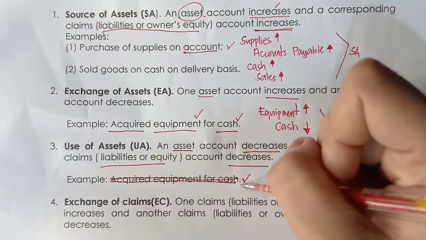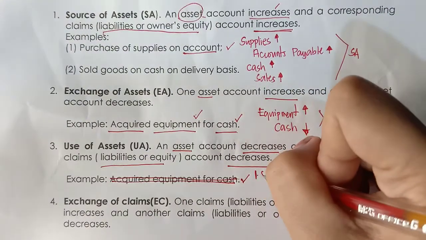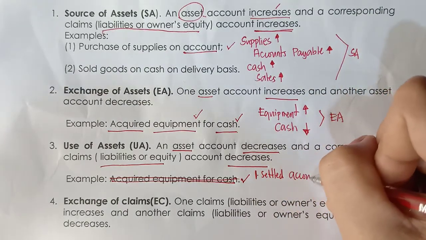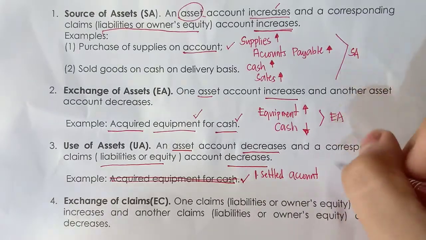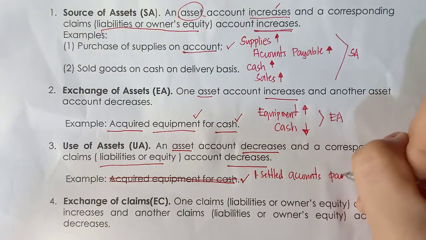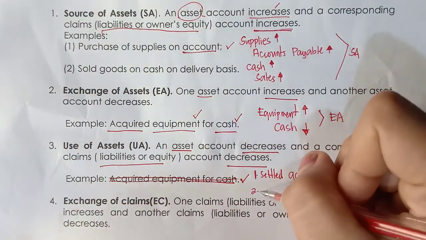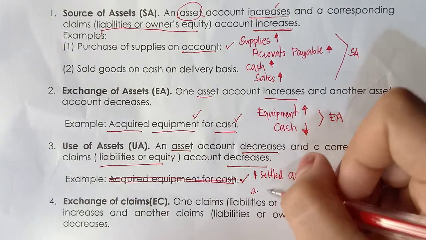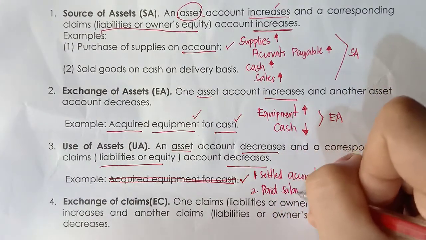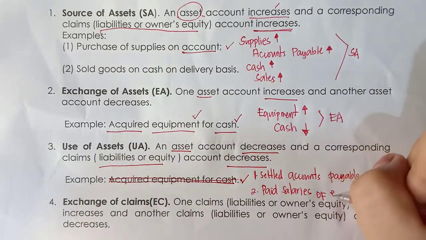So, example for the use of assets is settled accounts payable. Okay. And another example is paid salaries of employees.